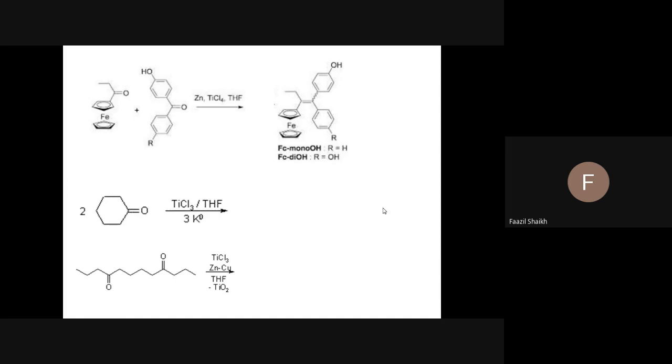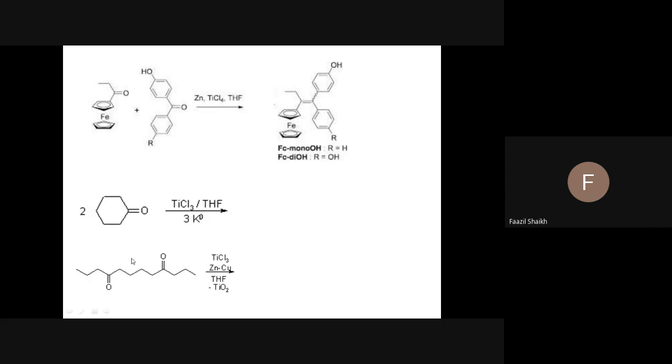Cyclohexanone is a ketone, titanium trichloride, and you see here we are using only one compound, a ketone, titanium trichloride, and here we are using 3K0. What is this? This is nothing but one type of sieves, molecular sieves, which can convert this compound into this compound at low temperature. That's where the double bond will be. If you think about this one, it requires a reducing agent.